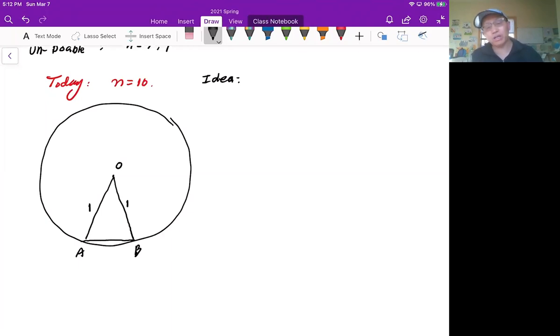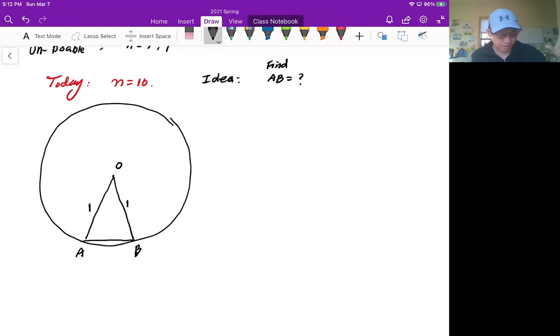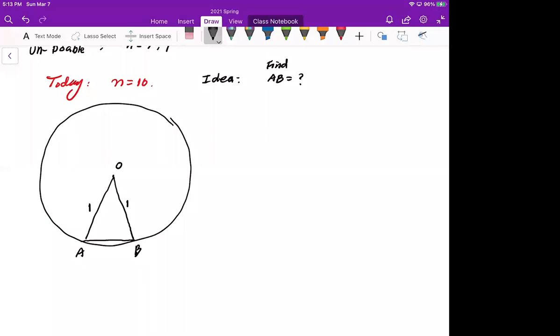I want to construct a regular decagon inside a unit circle, so the radius is equal to 1. The question here is that if I can find AB, then I'm done. I just need to find AB. Does it make sense? If I can find AB, then I can construct that, right? So the question here is how do I figure that out?